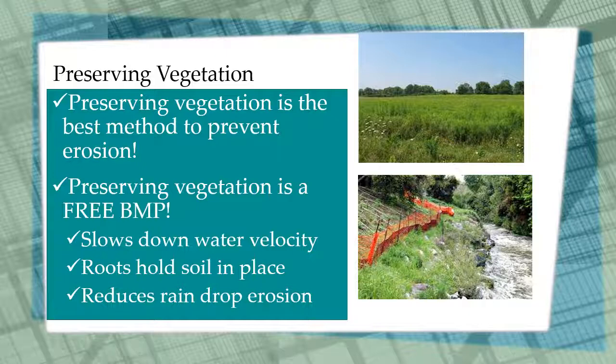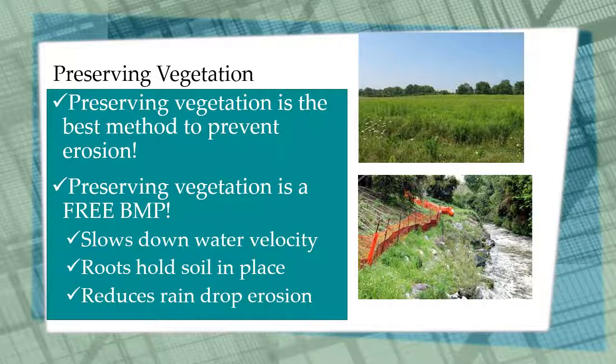The number one thing a contractor can do to minimize erosion is preserve existing vegetation. Preserving vegetation is a free BMP. It slows down the velocity of the water, the roots help hold the soil in place, and it also reduces raindrop erosion.